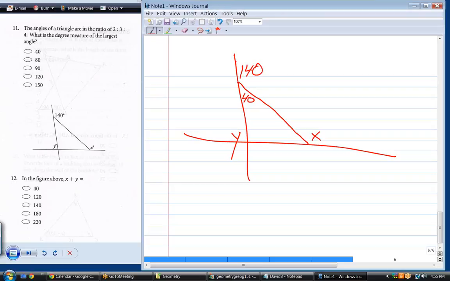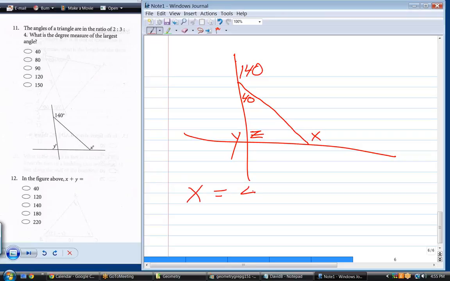Well, you're right. You did the first step correct. Okay. And now what kind of algebra can I write? Let's put in a third angle right here. Oh, okay. Make up a variable. What do you have? And now what can I say? X equals what?